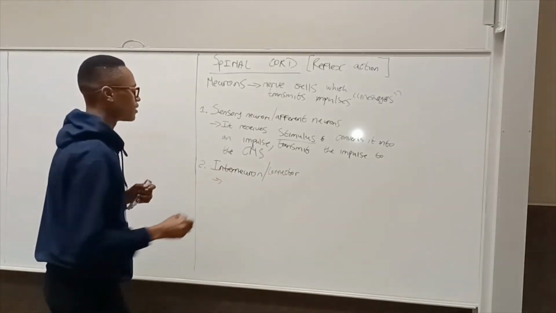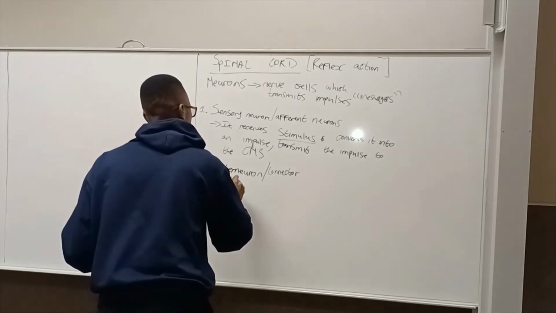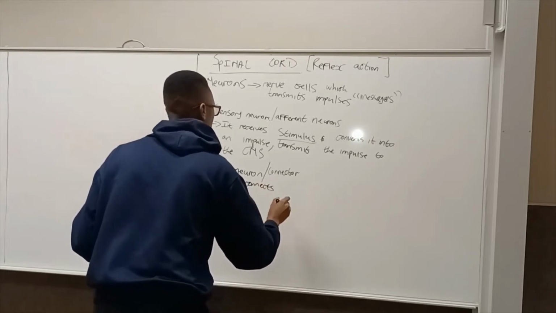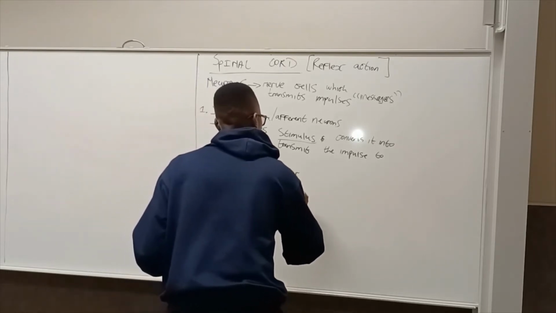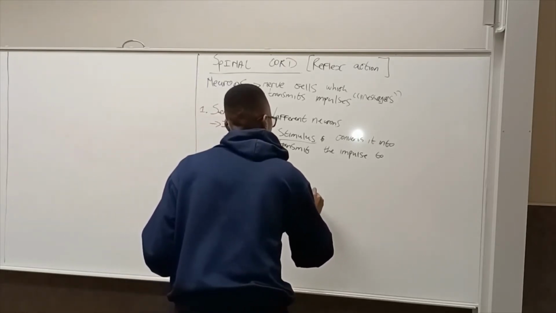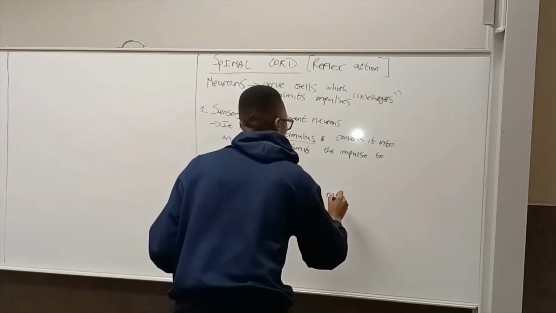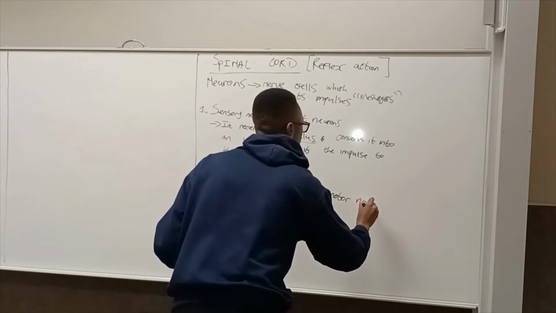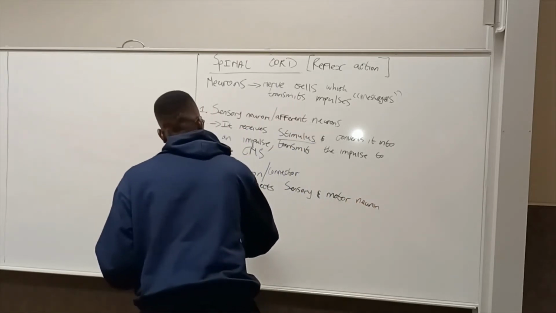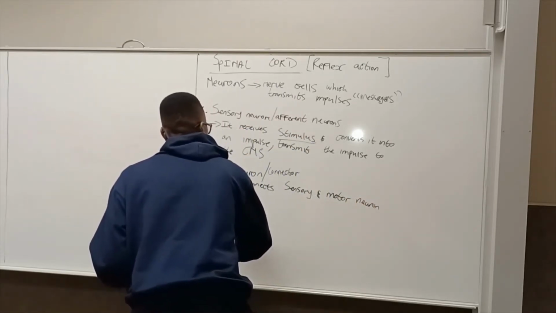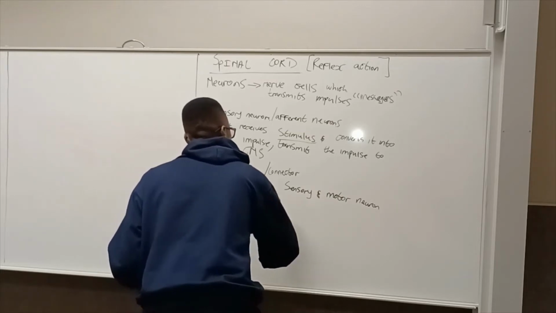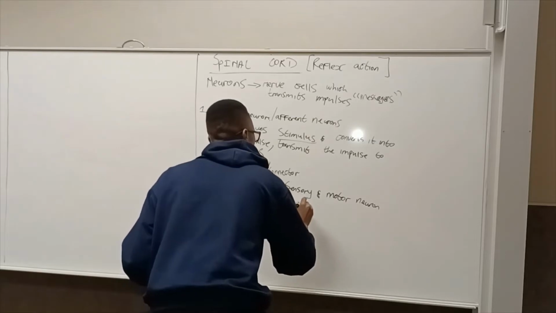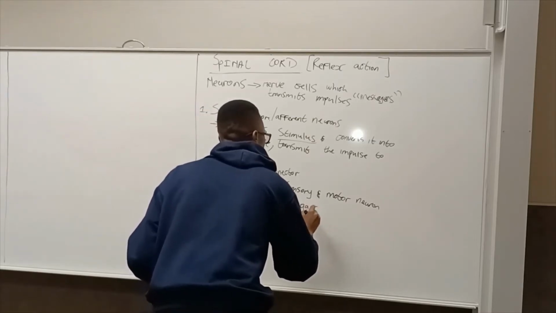The interneuron connects the sensory neuron and the other neuron we're going to discuss, called the motor neuron, through what we call synaptic gaps.